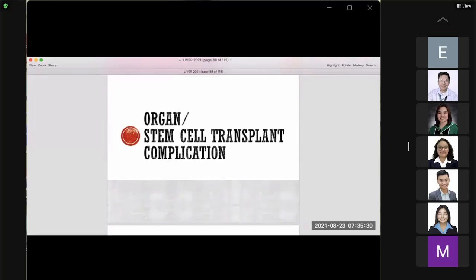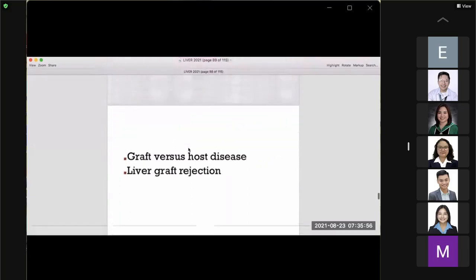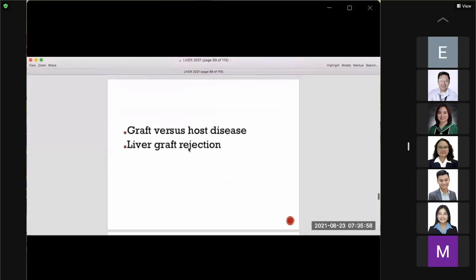However, if the insult is irreversible, then there's no way for this liver to be replaced with new ones, new liver cells. So the possible management would be organ transplantation or stem cell transplantation. So the problem there that we encounter is graft versus host disease.